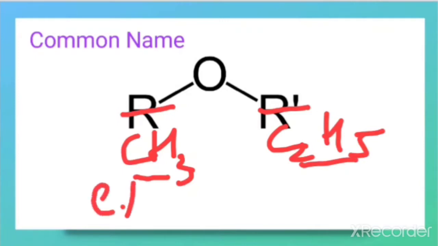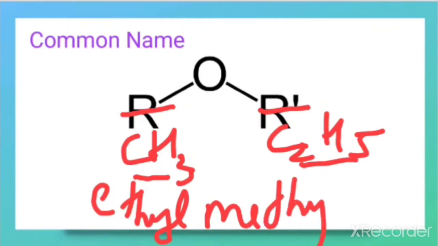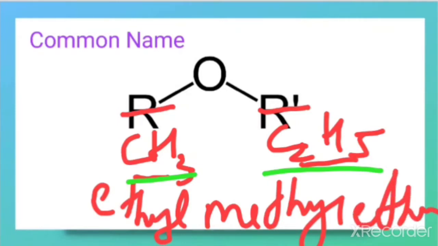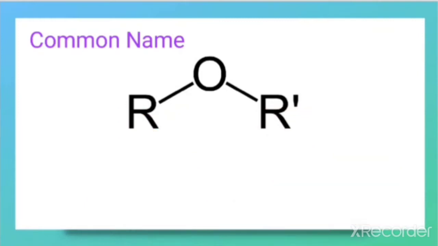So we name this one ethyl, then methyl, and we end this with ether. So what is the name here? Ethyl methyl ether is the name for such an example. This is the way of giving the common name to the ethers.